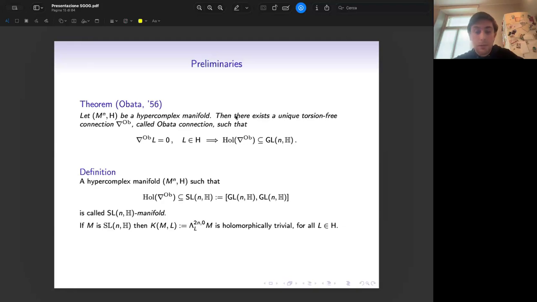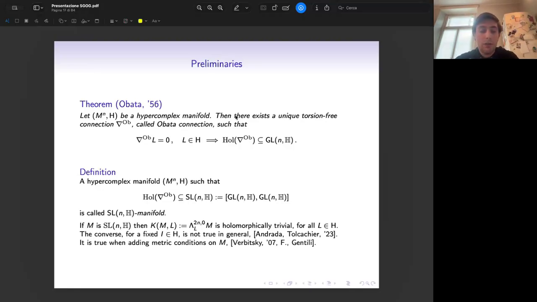Actually, this conjecture was disproved by Andrada and Tolcachier, who provided a compact example, which is a solvmanifold, where the canonical bundle with respect to I is holomorphically trivial, but the one with respect to J is not. And so the manifold, of course, cannot be SL(n,H).